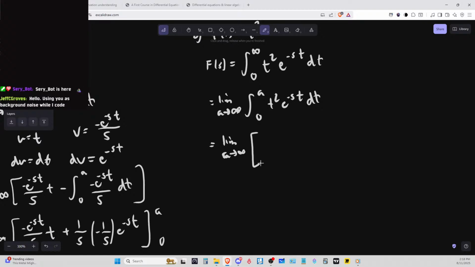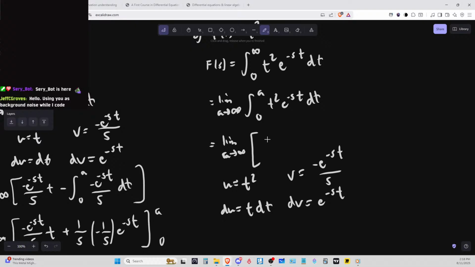And I think we're going to do integration by parts, so we'll do u equals t squared, and then du is equal to 2t dt. And then for dv, we'll obviously have e^(-st) dt, and then for v, we'll have negative e^(-st) over s.